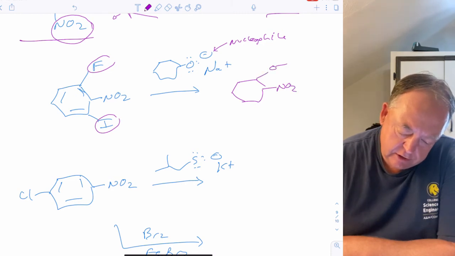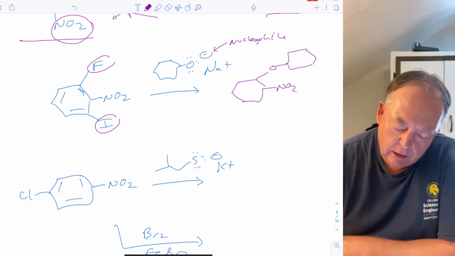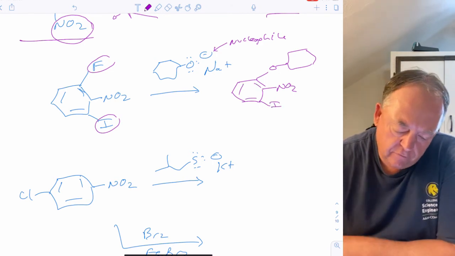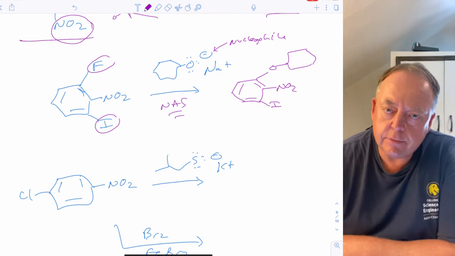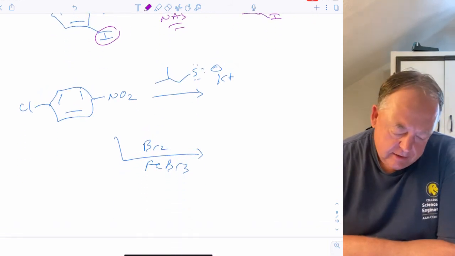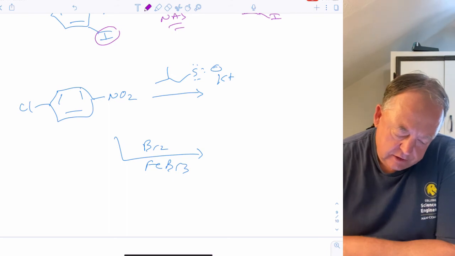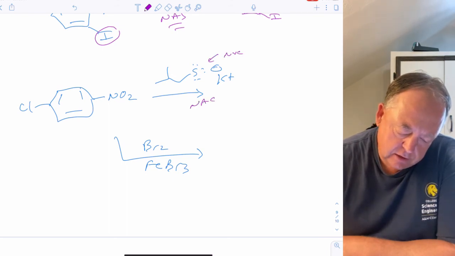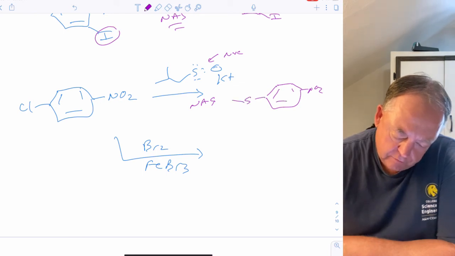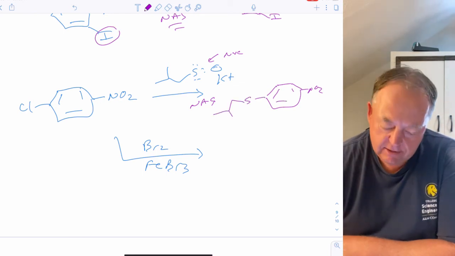So oxygen comes in, the cyclohexane ring is just tagging along, and substitutes for the fluorine in a nucleophilic aromatic substitution. And again, in this case, this is a nucleophile, so this is going to do nucleophilic aromatic substitution, and sulfur would substitute for the chlorine, and you would get that.